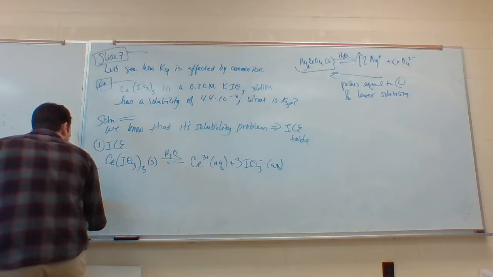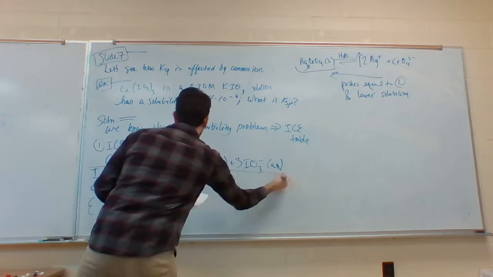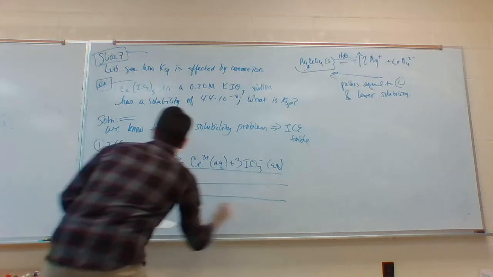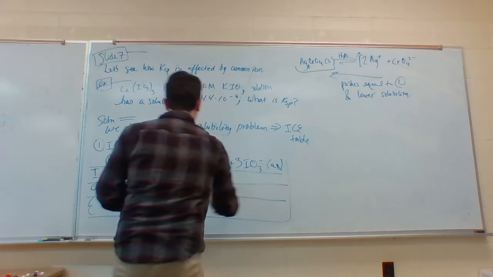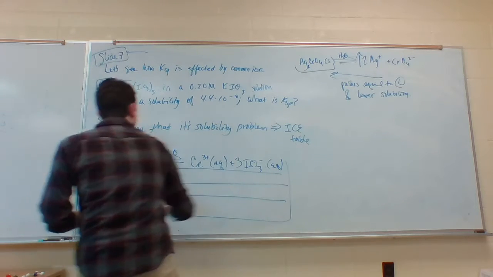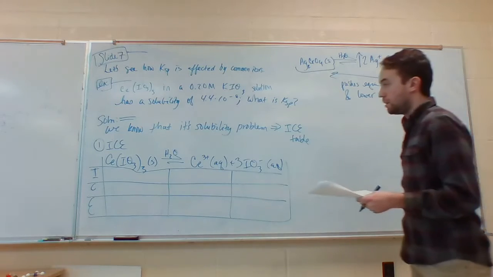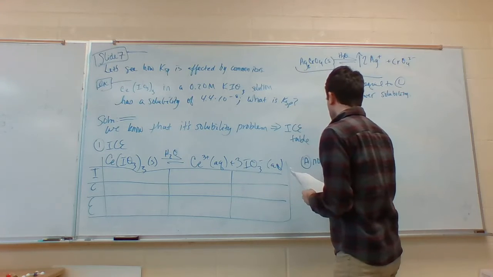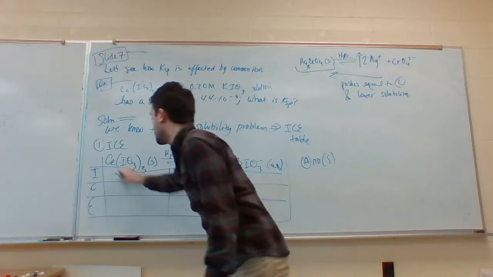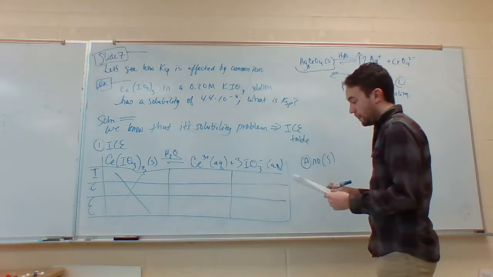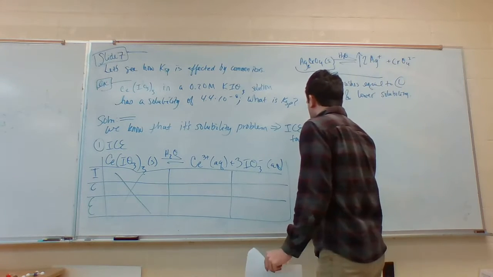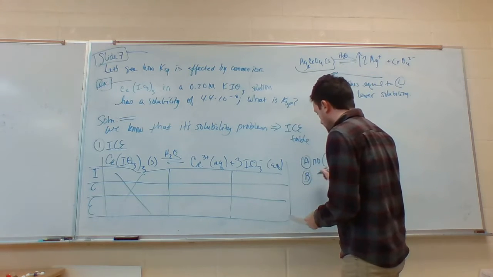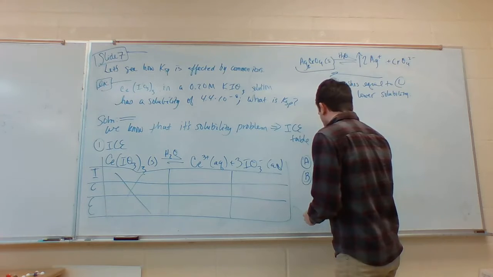Okay? All right, now within that table, we know that we're going to have no solids. Okay, so this column goes away. All right, now B is going to be a little bit different, because we have common ions. So here we need to ask ourselves, do we have common ions?